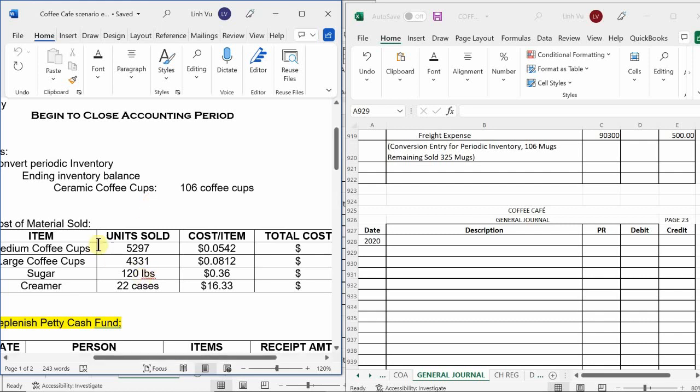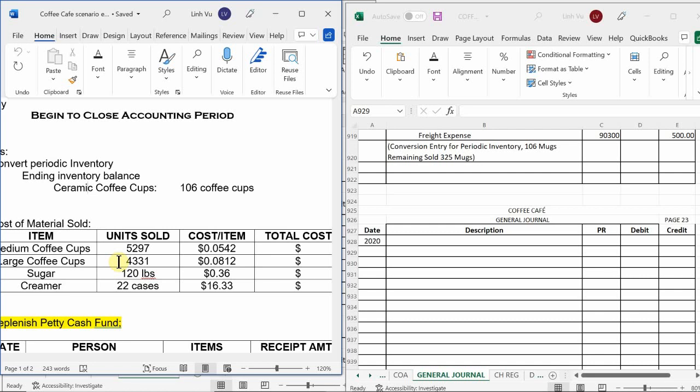So in this case, for our grand total for June, we sold a total of 5,297 medium cups, and a total of 4,331 large cups. And this cost per item is actually pre-calculated. We figured out how much each cup cost us.